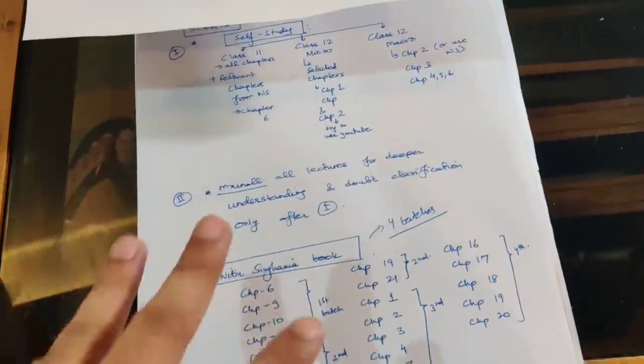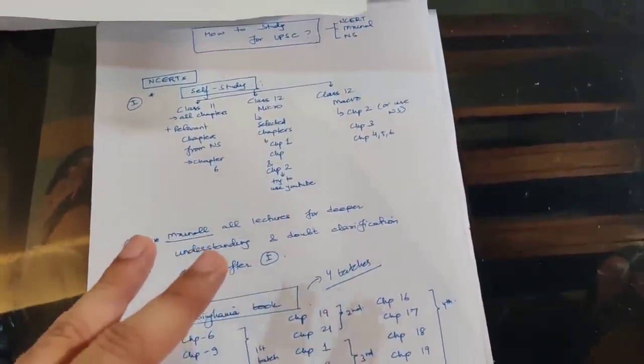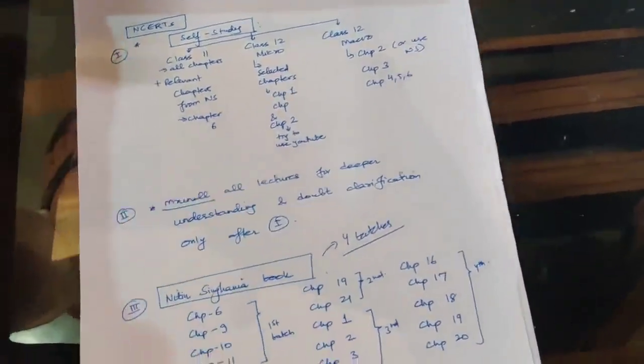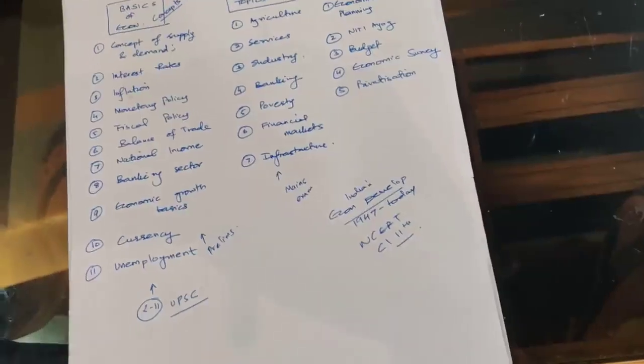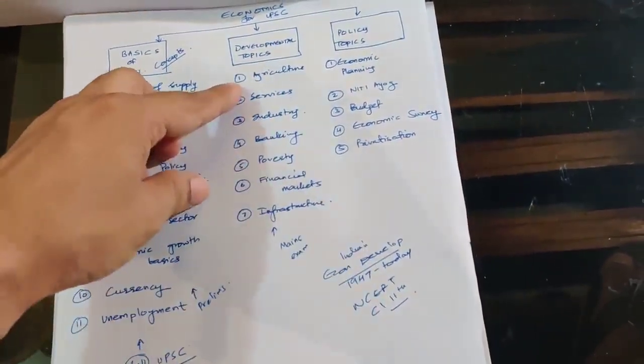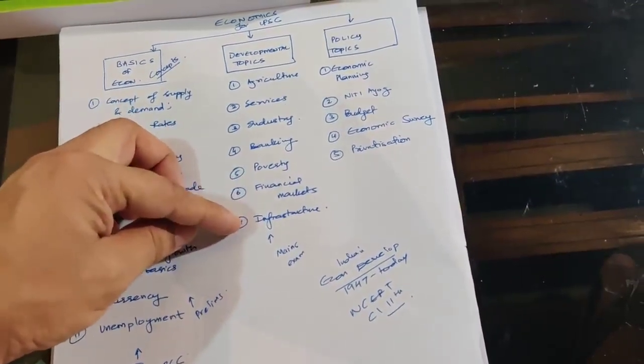Otherwise, there is no use of really studying so many books for economics. So much data, so wide a level of study for economics is not required. Now, economics for UPSC developmental topics are agriculture, services, industry, banking, poverty, financial markets and infrastructure.